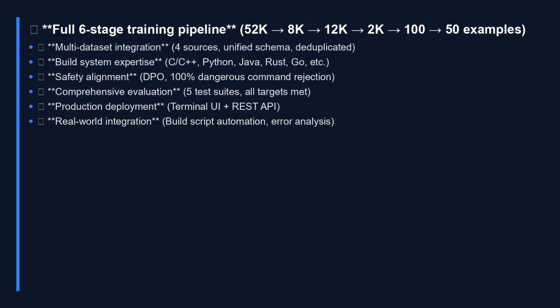You trained and built system expertise across C, C++, Python, Java, Rust, Go, and more. You applied DPO for safety alignment and hit 100% rejection of dangerous commands in evaluation. You ran 5 test suites and met every target. And in this lesson, you shipped it: Terminal UI, REST API, build script integration, error log analysis, and Prometheus monitoring all in place.